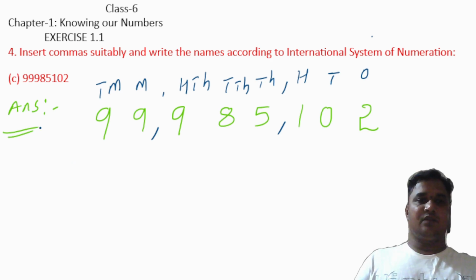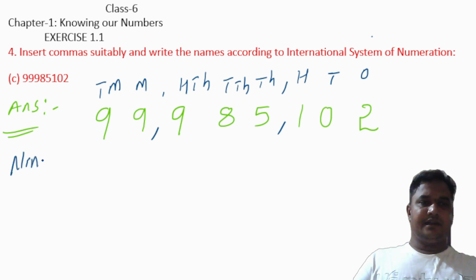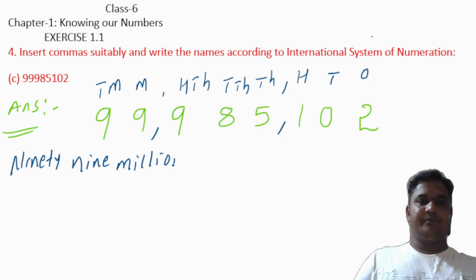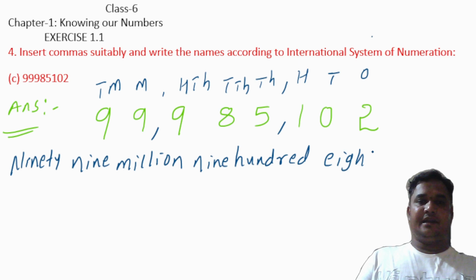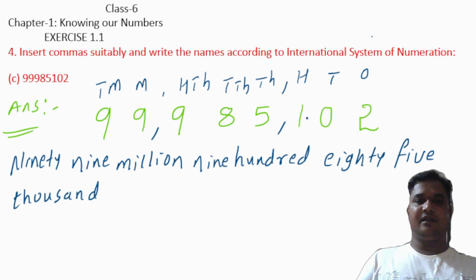Now I will write in words according to the international system. That is 99 million. In the thousand place, how much is there? 985. 985,000. Then in the unit place, how much is there? 102.